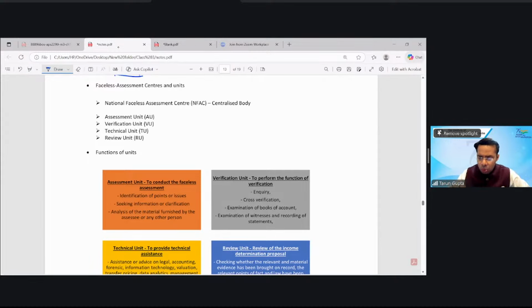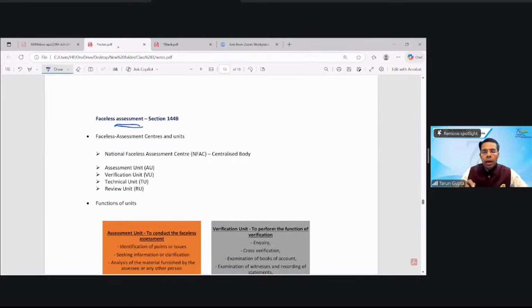So, to make the assessment faceless, what the government did is form the NFAC, National Faceless Assessment Center. It's a centralized body which governs the entire faceless assessment. Now, there are 4 types of units: assessment unit, verification unit, technical unit, and review unit.